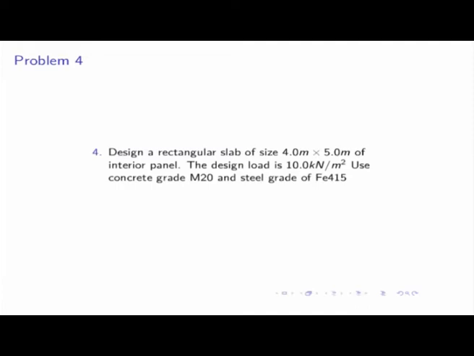Once more, please allow me to go to IS 456 so that it will be clear what I mean. I am going to the slab, slabs in two directions. There is a one-way slab and another called a two-way slab.